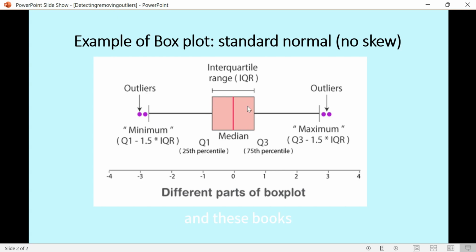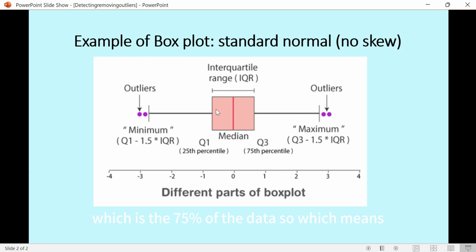And this box and this whisker, this is called a box plot. So this is a box and this is a whisker. The two sides of the box, the lowest and the highest, represent the first quantile, which is 25% of the data, and the third quantile, which is the 75% of the data.